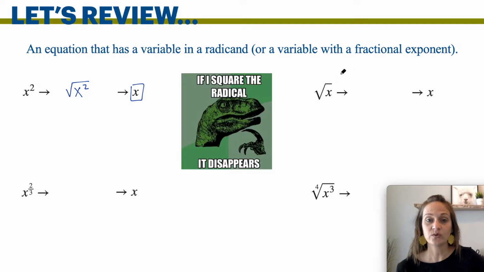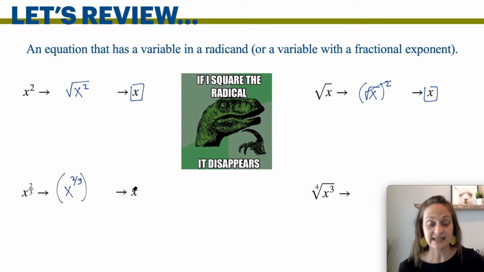If I had a square root of x, I would square the square root in order to get x as the answer. If I had 2/3 as the exponent and I needed to get to x, then I would raise it to the 3/2. I wouldn't multiply by 3/2.